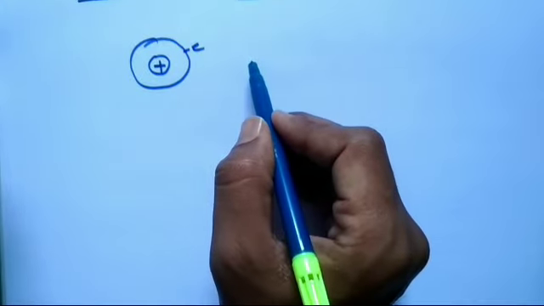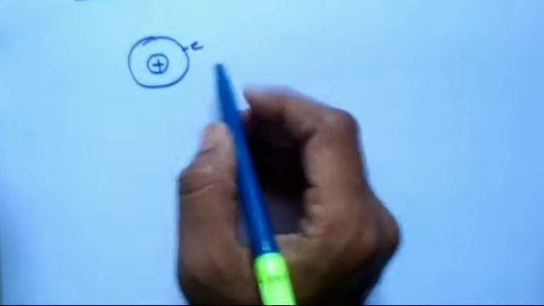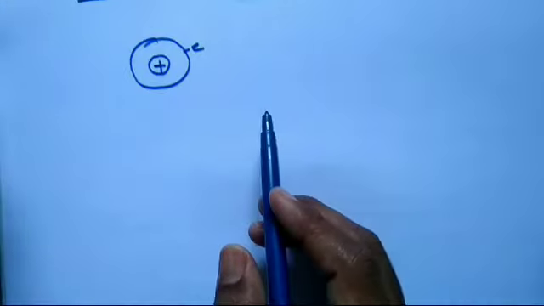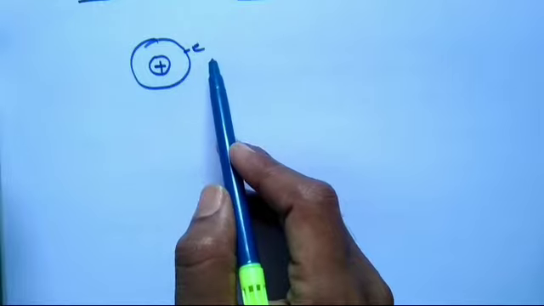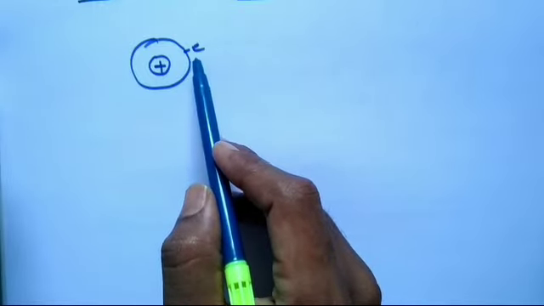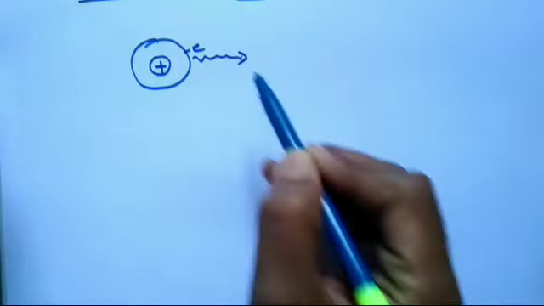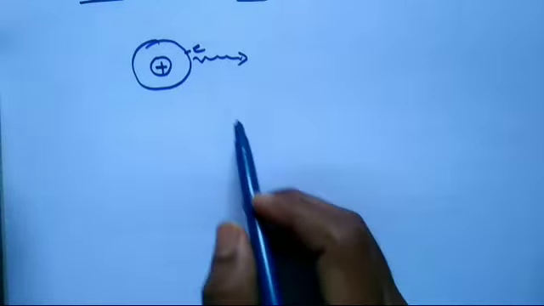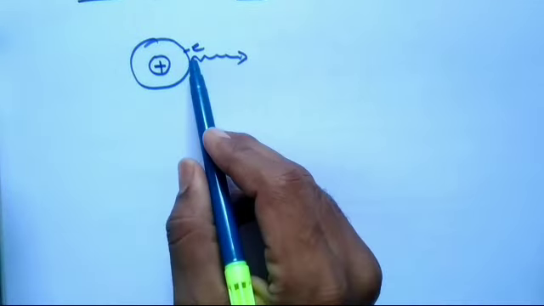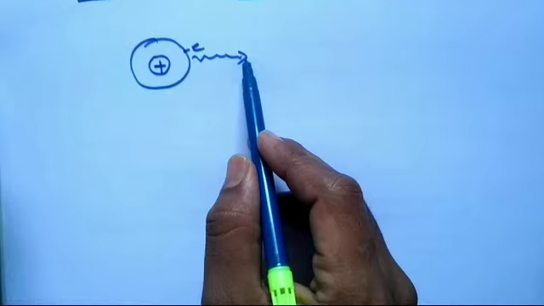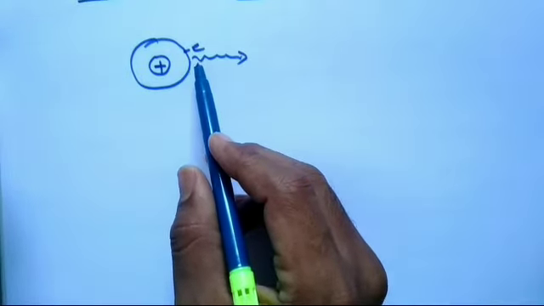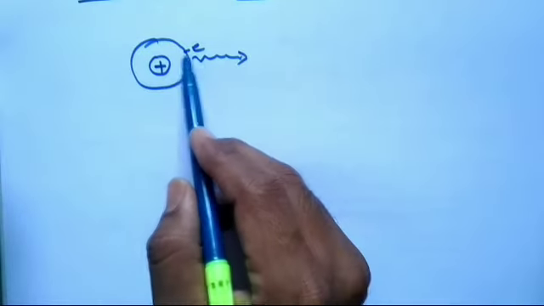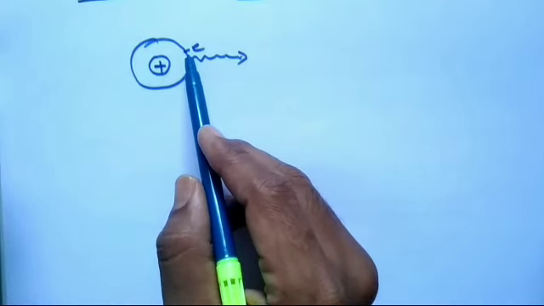Once the electron is revolving around the nucleus, it has centripetal acceleration, because it always changes direction. So an accelerating electron emits radiation. If it is emitting radiation, that means the electron loses its energy, because it always changes direction of motion.